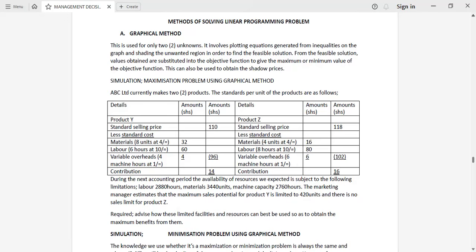So what these shadow prices mean, we will be looking at a scenario where you ask, what if we increase the labor hours by 1 hour?